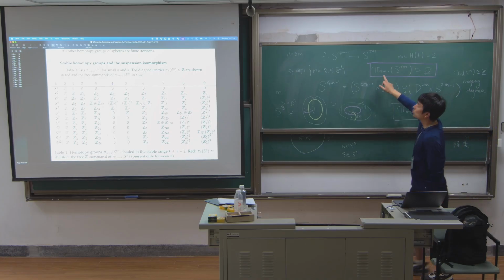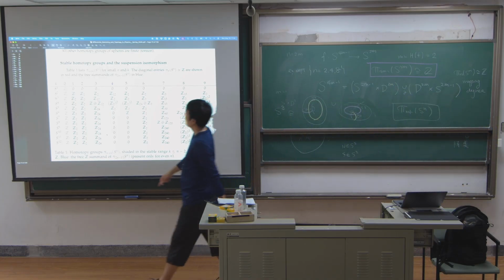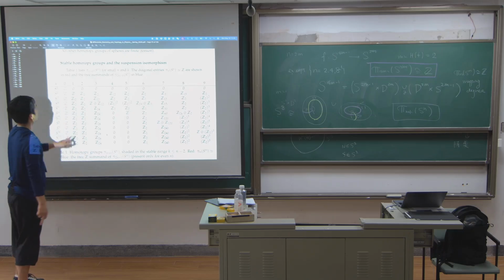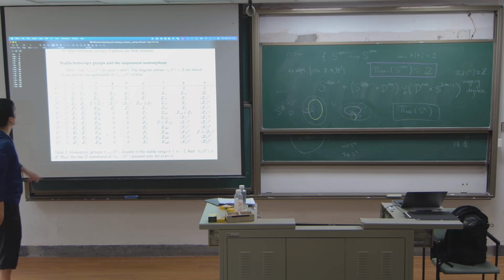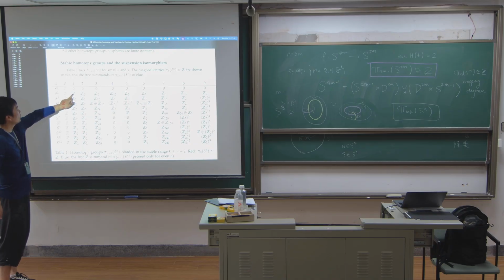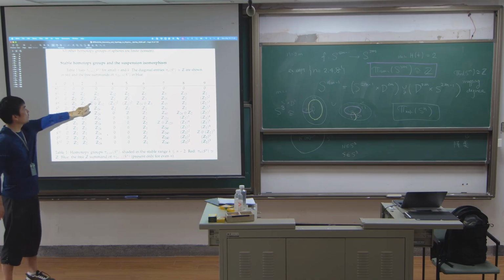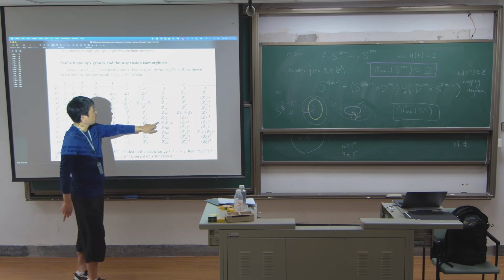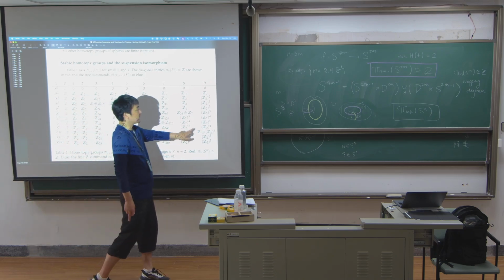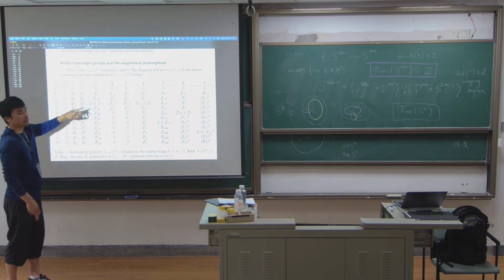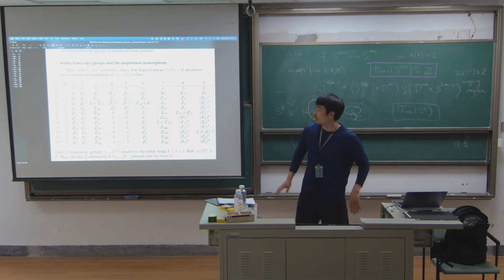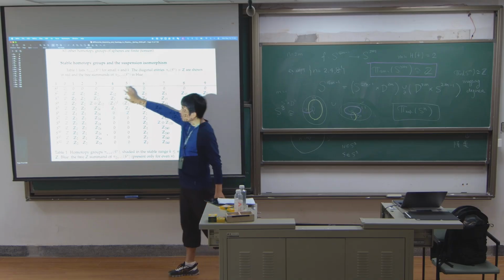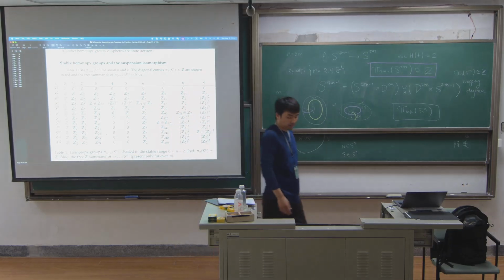Say when m equals 1, this one, m equals 2, this one, m equals 3, this one, m equals 4, m equals 5, and so on. These are really the Hopf invariant, the one I mentioned just previously. The others, all the finite groups, are the torsion part.